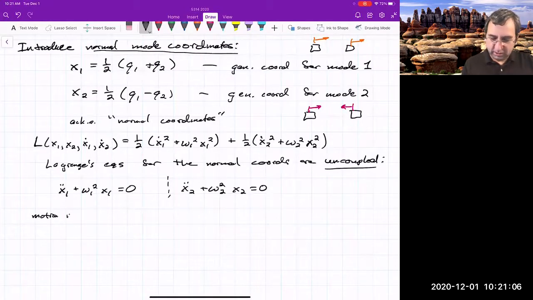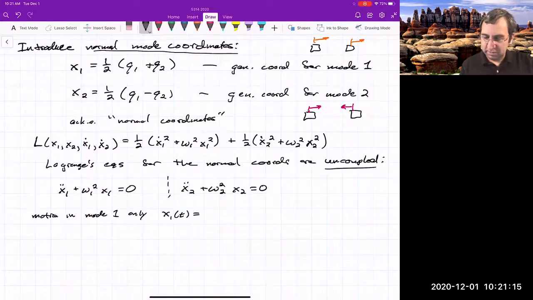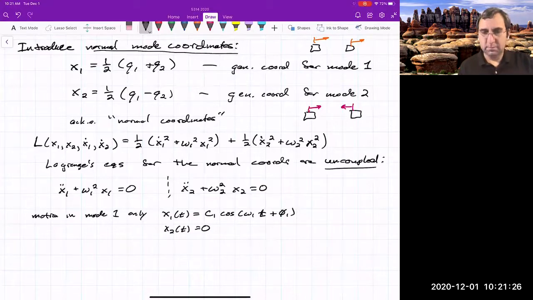So motion in mode 1 only is going to look like x1 as a function of time is some constant cosine(omega1 t plus a phase), and no motion in that second normal coordinate.